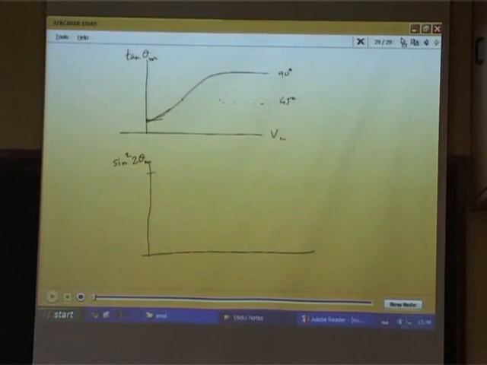That is 1. So again it should start increasing, reach 1, and then as theta m goes beyond 45 degrees, it goes down and goes all the way to 0. So it will decrease.